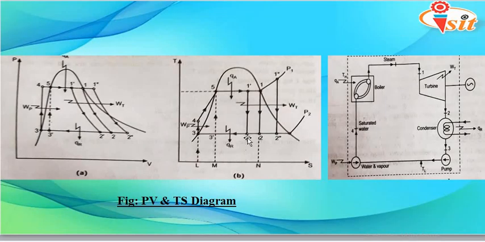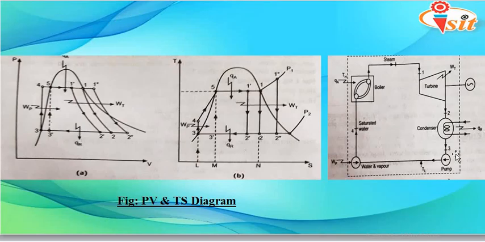Again, in the TS diagram, for process 2 to 3, kindly note that though it does not seem that there is a drop in temperature, one should understand that latent heat is rejected during this process. Thus the heat is exchanged with the cooling water, which is further fed to the cooling tower.